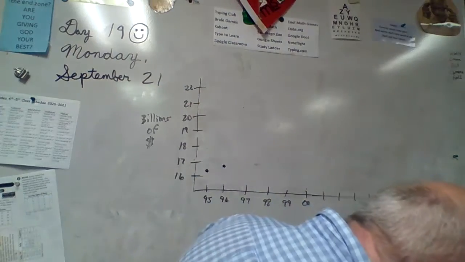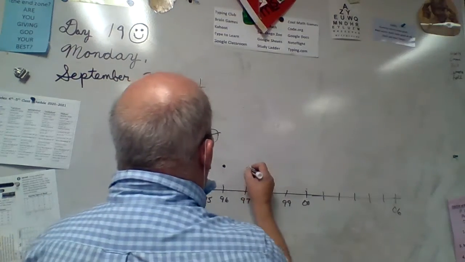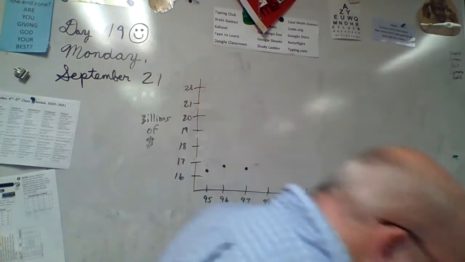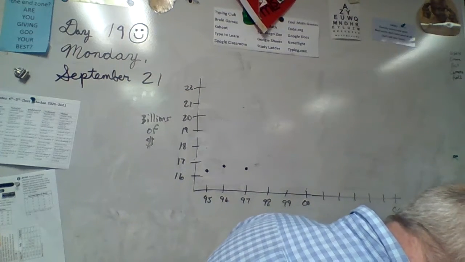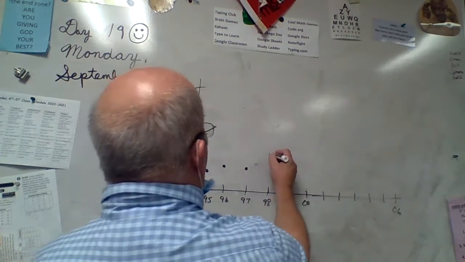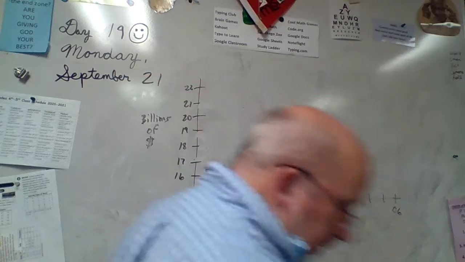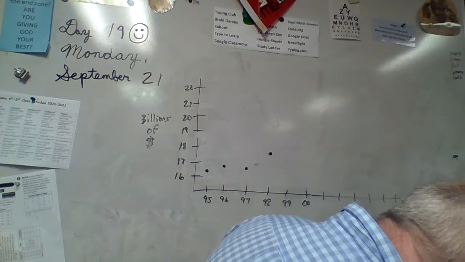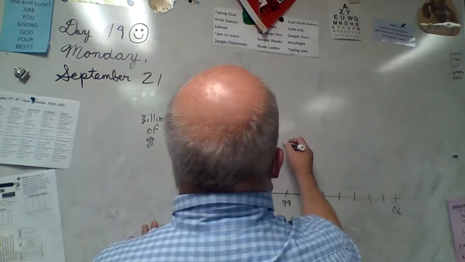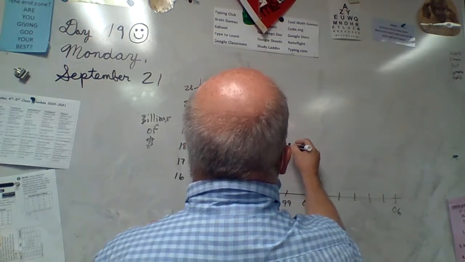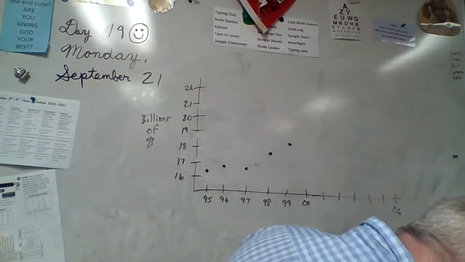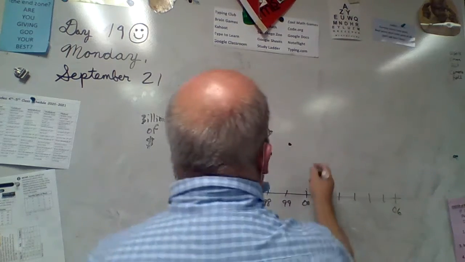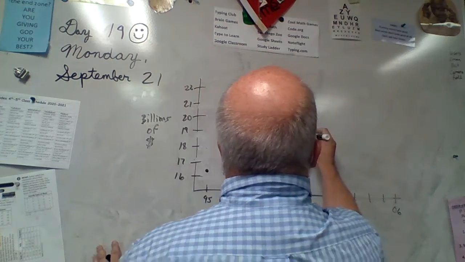Our third dot drops a little bit in 97, not much. And then all of a sudden in 98, it goes almost to 18 billion. So it goes way up here. And then 99, it goes to 18.5 billion. That's about right here. In the year 2000, it's almost exactly 19 billion.